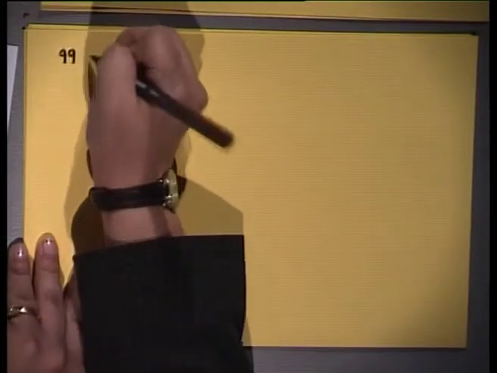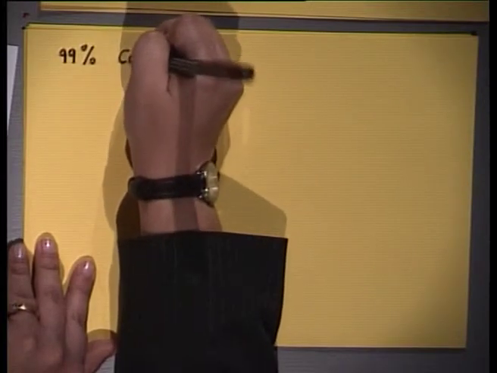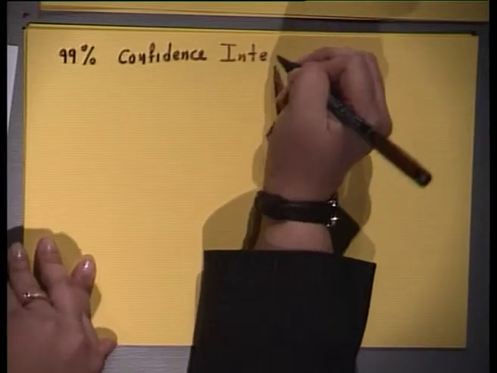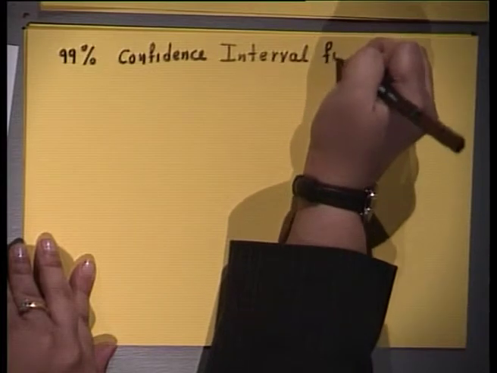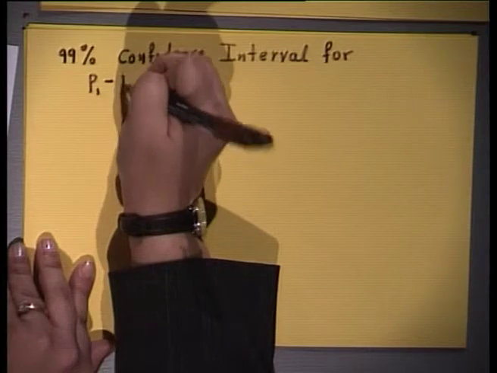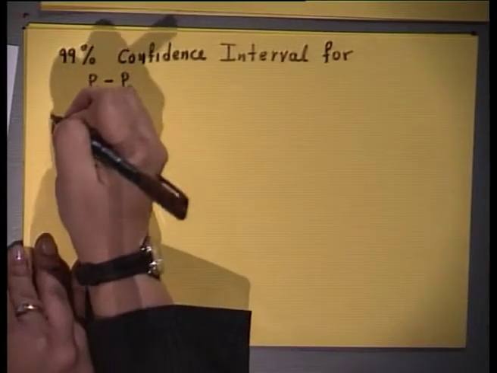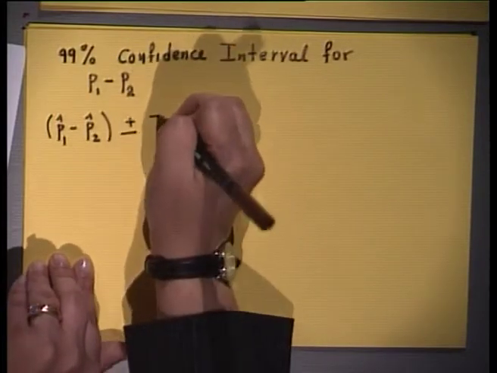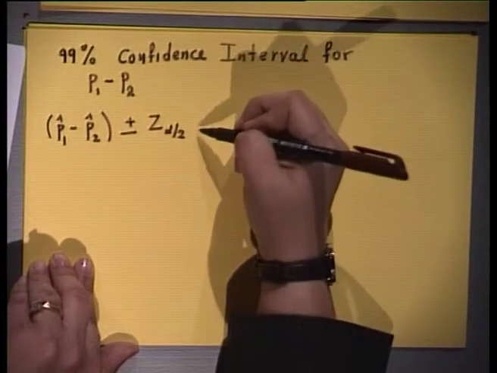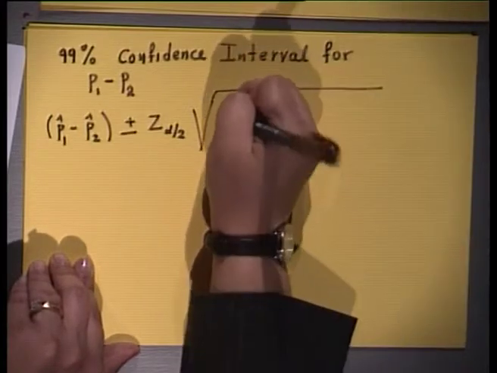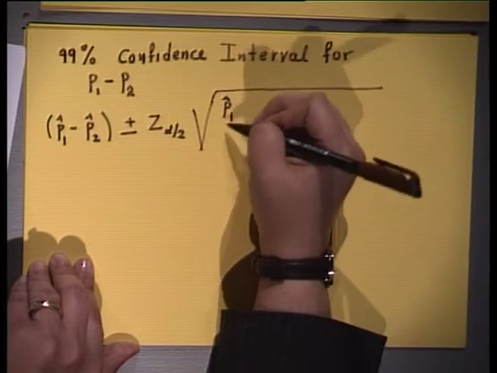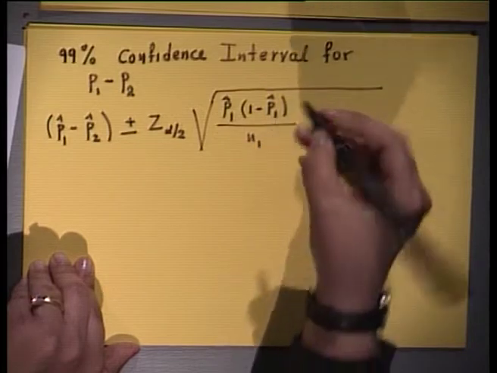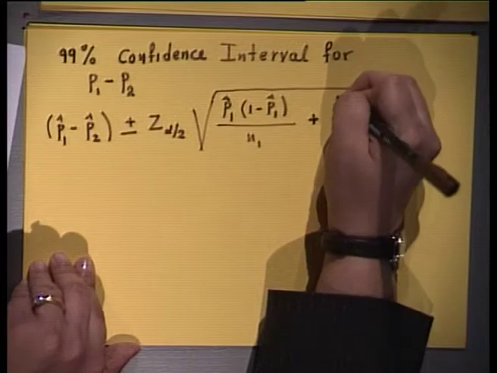We have that the 99% confidence interval for the difference in the two proportions, as we've said, is given by the formula here, again using the standard normal distribution, and knowing the estimates here, we need to do our calculations in order to find the interval.